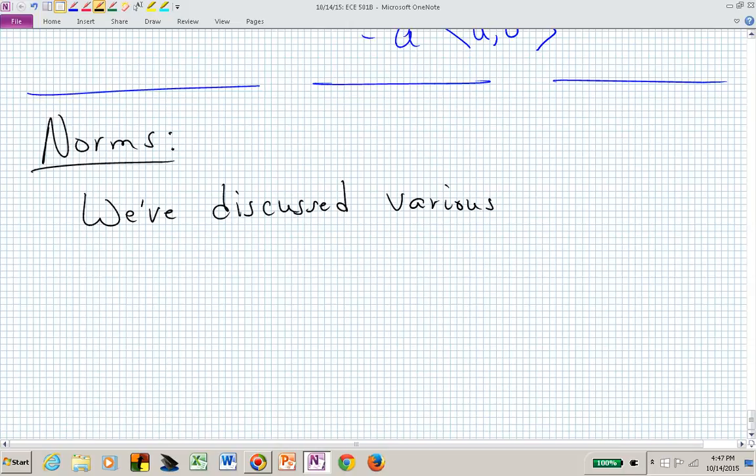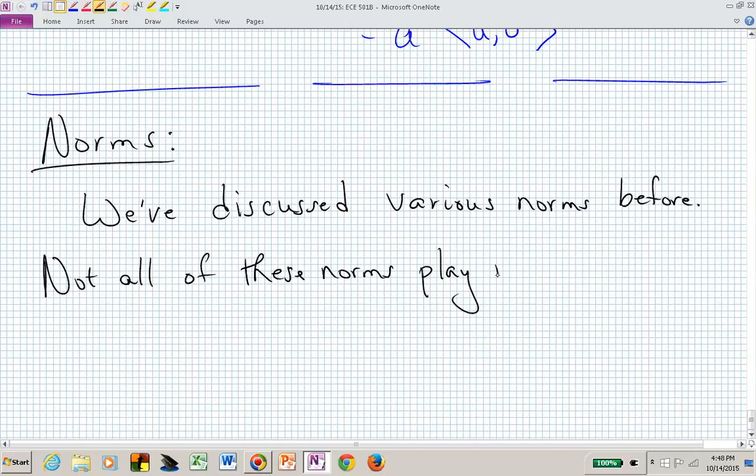We've discussed those norms before. But not all of these norms play nicely with inner products.